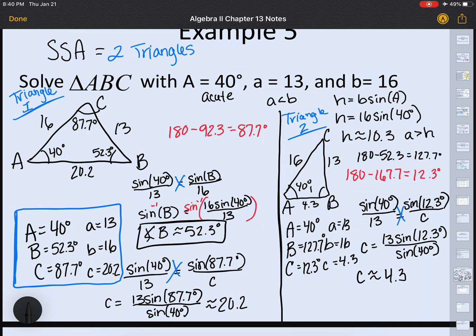Angle B was 127.7 degrees, and angle C was 12.3 degrees. So again, in triangle 2, our second case of triangle, given our criteria, here's how we solved for all three angles and all three sides to solve that second triangle.